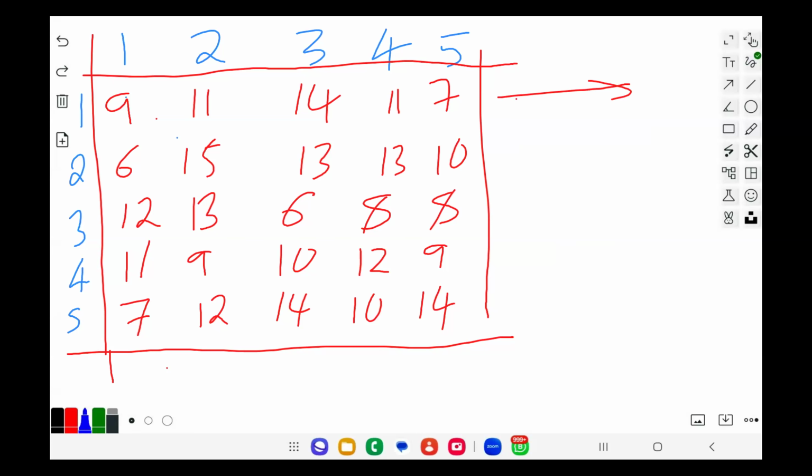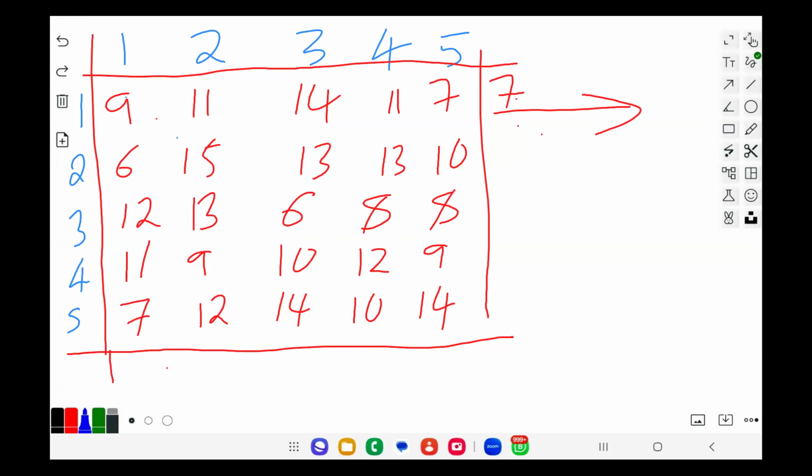So if we first check from the first row, what is the smallest figure in that row? 6? I said the rows are these that move like this, so it is 7. 7 is the smallest number.